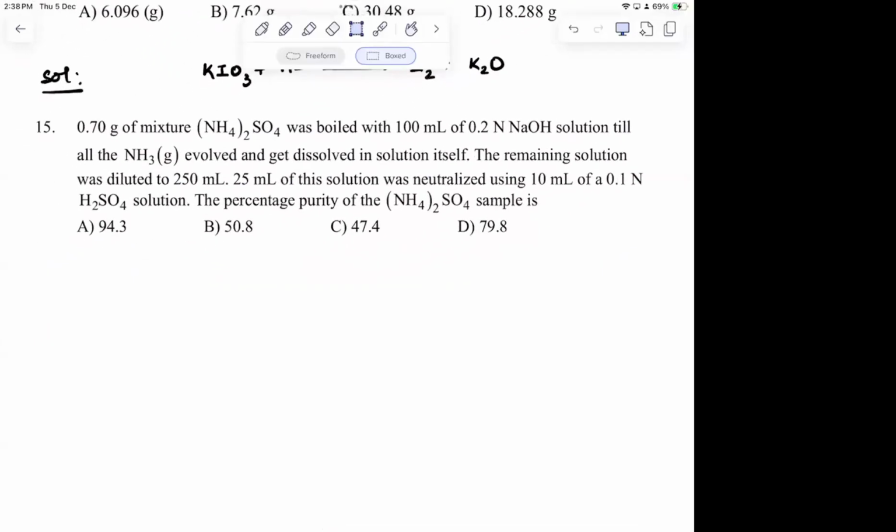Any organic compound, when you react it with H2SO4, if there is any nitrogen in it, it will convert into NH4 plus, ammonia, and that will come out. Got it? Right? Just a second.